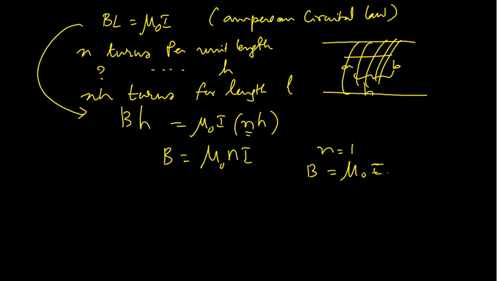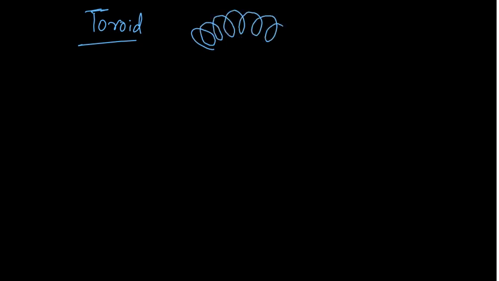Okay? So the next topic is the toroid. If I do that winding circularly, like that for example, then this kind of a thing is called a toroid.